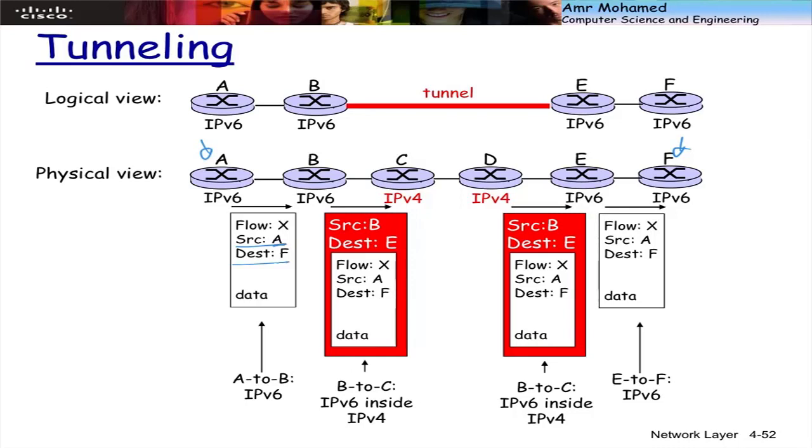So the sources A and F, which are IPv6 addresses. Right? So here we will do another level of encapsulation, and here the source will be B and the destination will be E. So B and E. E هنا it will do the reverse operation of the tunnel. The reverse operation of the extra encapsulation step. واضح كده؟ So that's it.